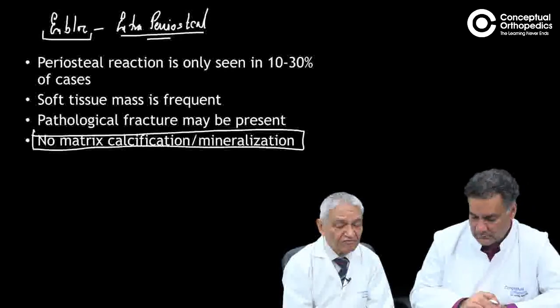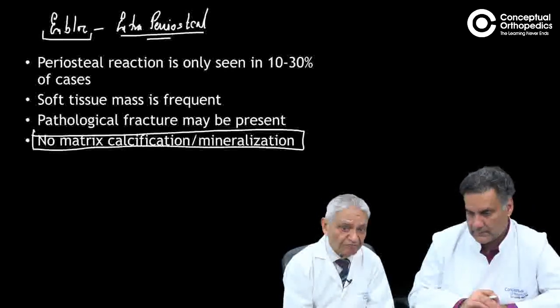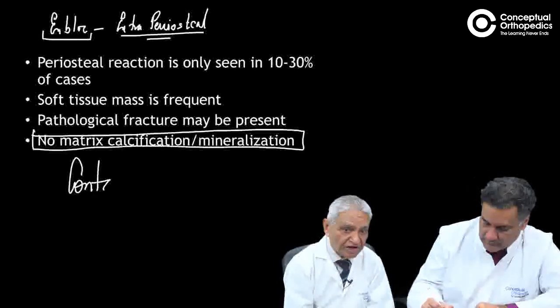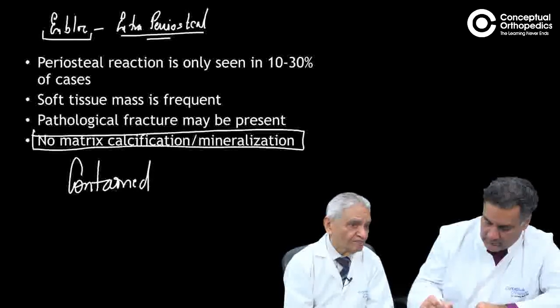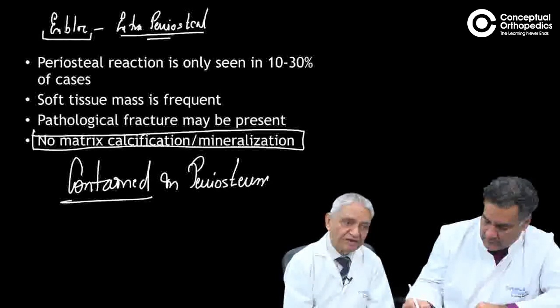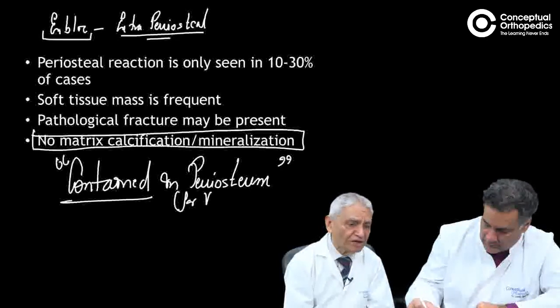I think we must emphasize again and again, this tumor does stay contained within the periosteal coverage for a very long time. After all, it's contained within the bone for a very long time.